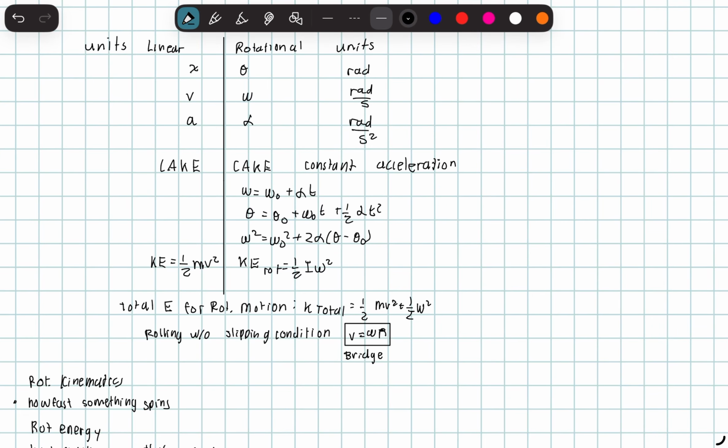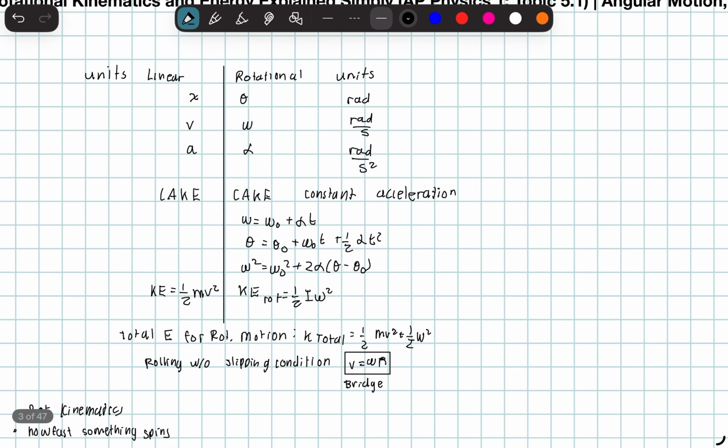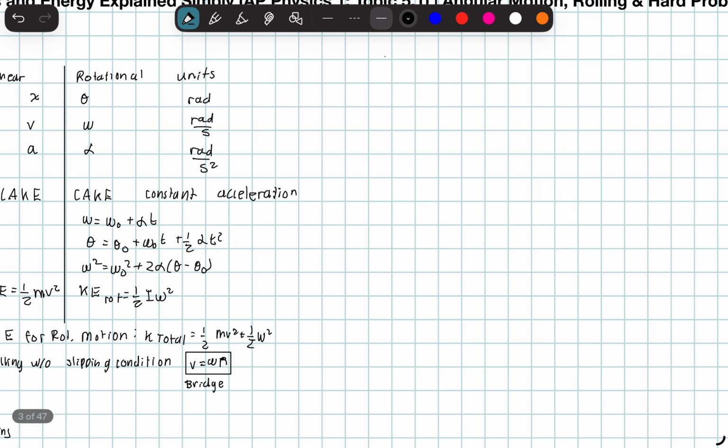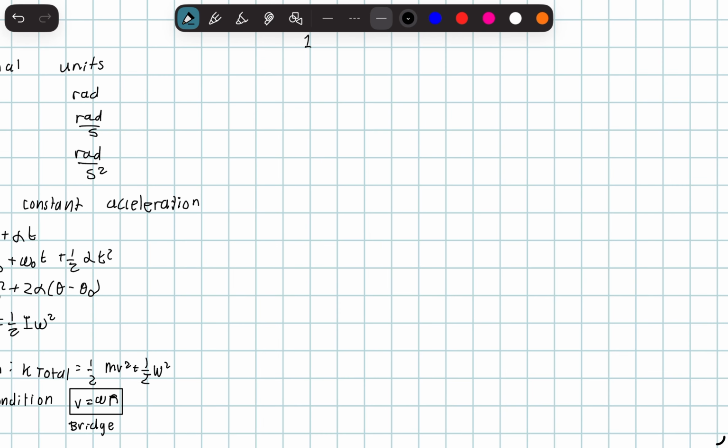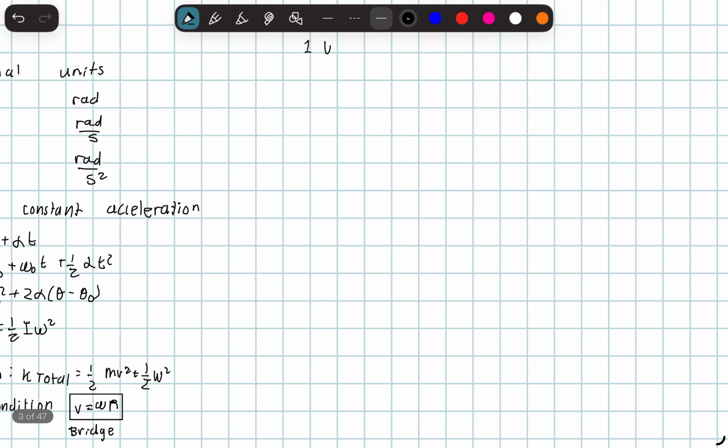So here we have our rotational kinematics equations, and we're going to talk about the step process in order to determine when you should use which. The first thing you should always do before you start is convert your units first. If you have revolutions, you need to multiply by 2 pi.